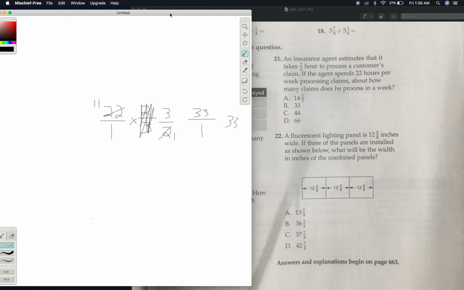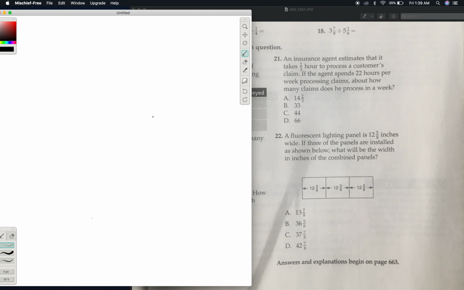Okay, let's clear this. And for our last problem of the night, okay, a fluorescent lighting panel is 12 and 5/8 of an inch wide. If 3 of the panels are installed as shown below, what will be the width in inches of the combined panels?